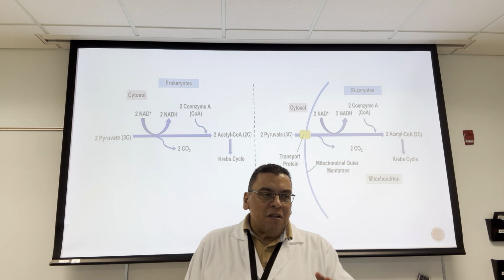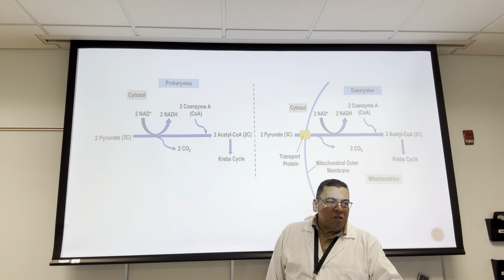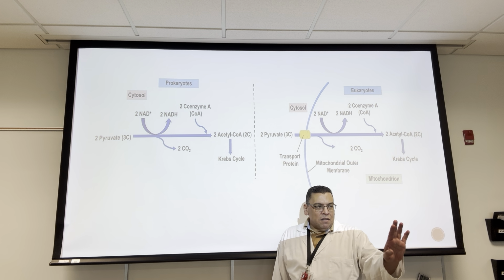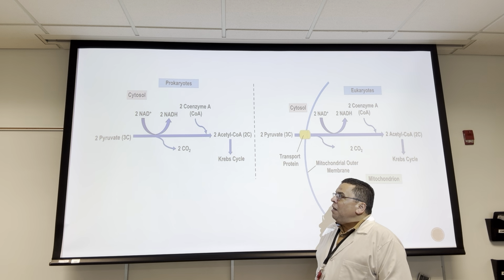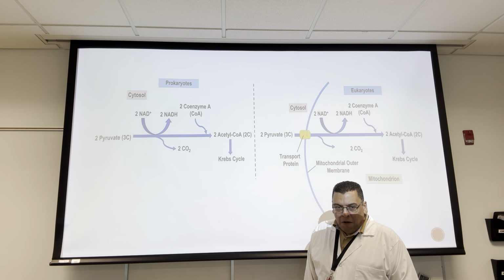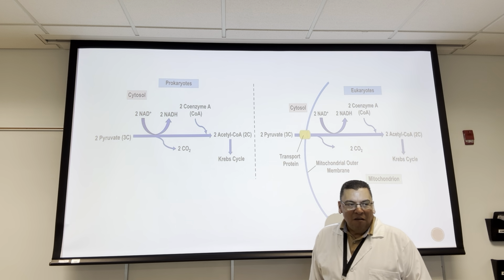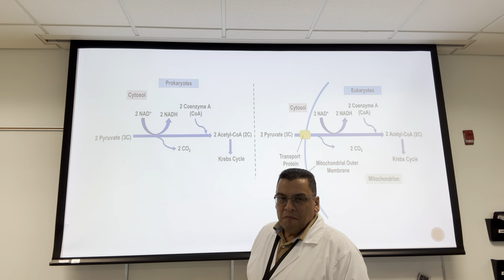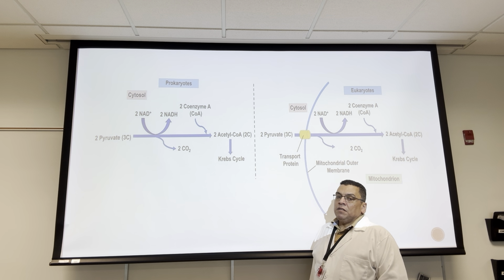The carbons, the ATPs, the CO2s, the NADHs, the NAD pluses, all of it. The names, everything has to match. And until they match 5 times in a row, you're not done working on this chart. So this is pyruvate oxidation.